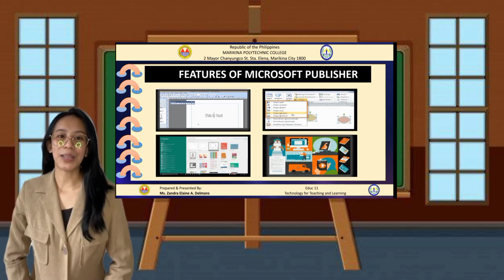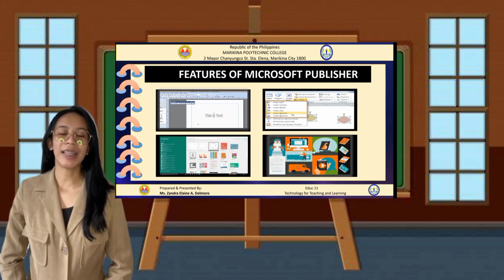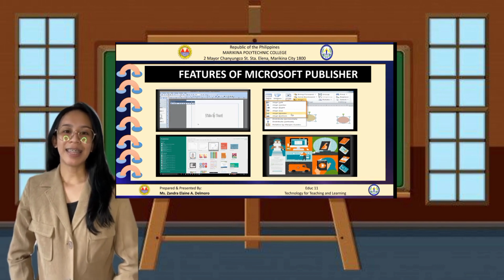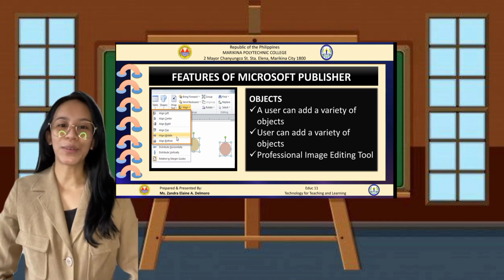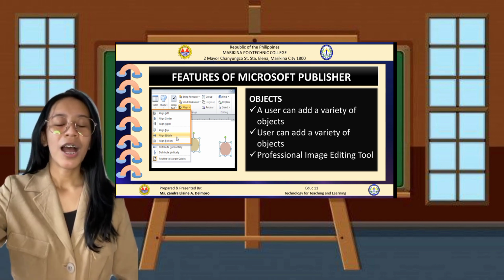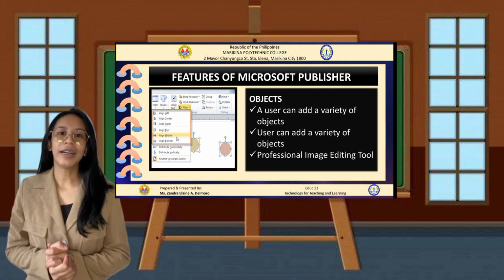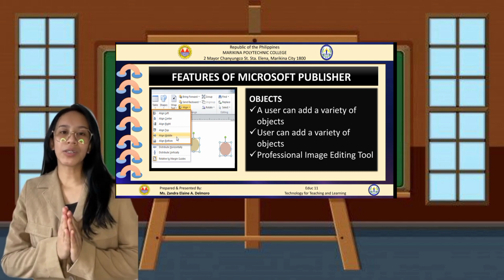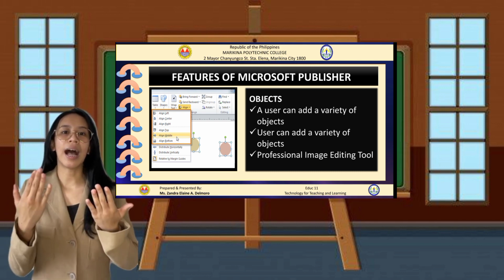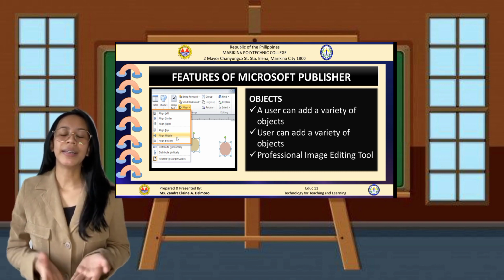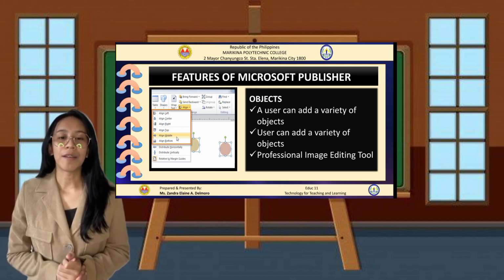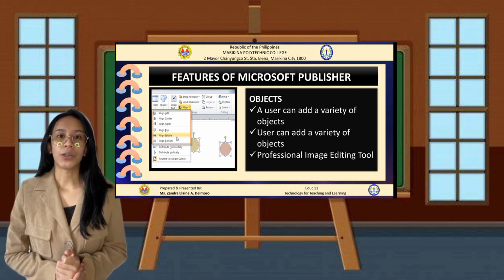So for the next feature of Microsoft Publisher, in the right upper side, next is objects. Similar to other technical image software, the Publisher image tool allows users to add layered images, embed objects into images, and filter images.